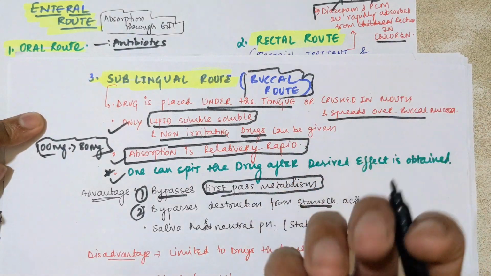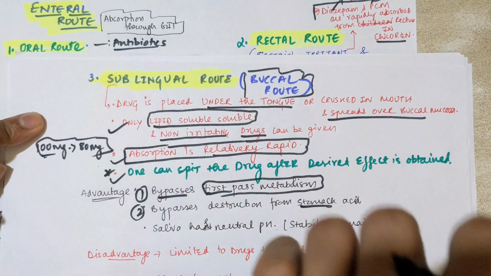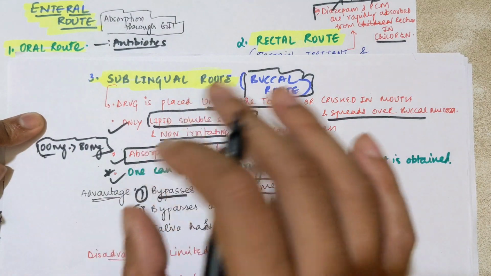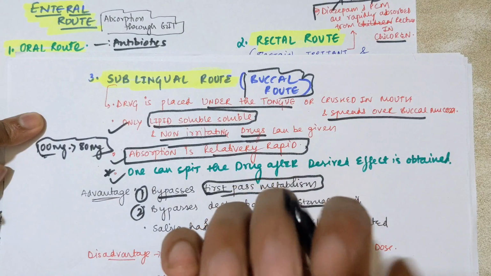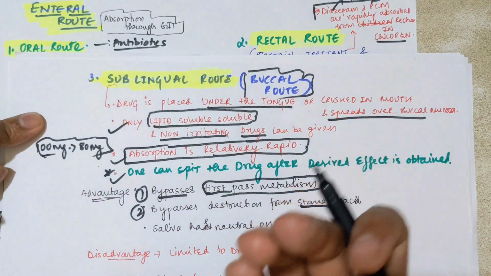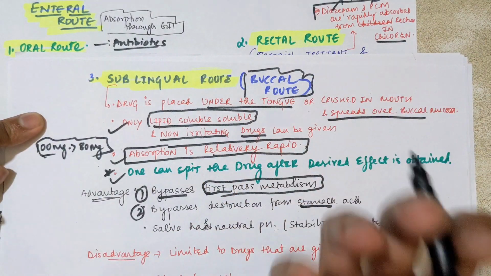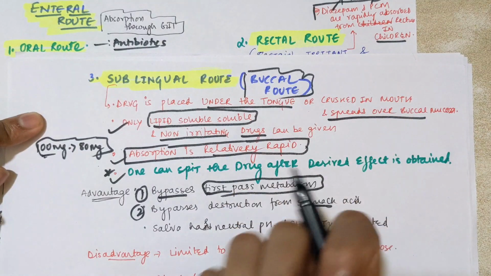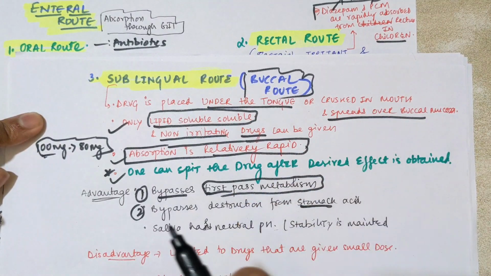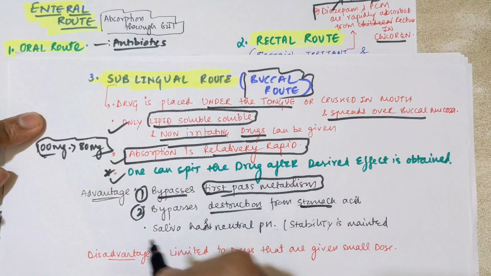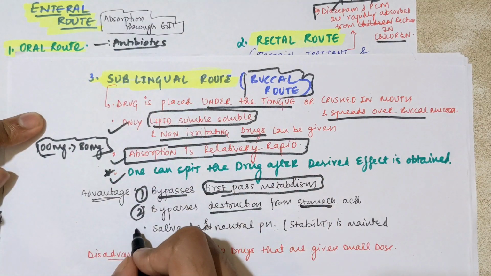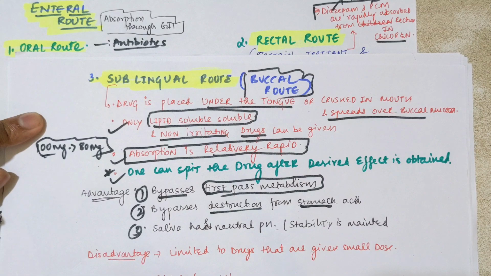In the stomach the pH is very low, so drugs can be destroyed. Then the drug will not remain in the amount which you have given to the patient, so the effect of the drug will be decreased in the patient. You are prevented from that by giving the drug by this route.